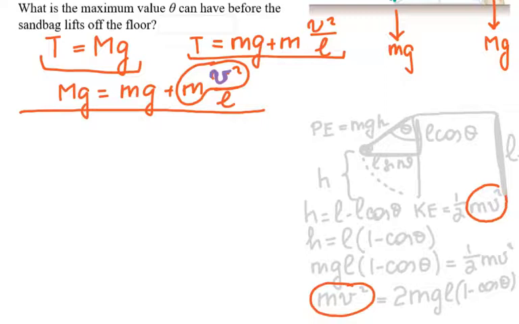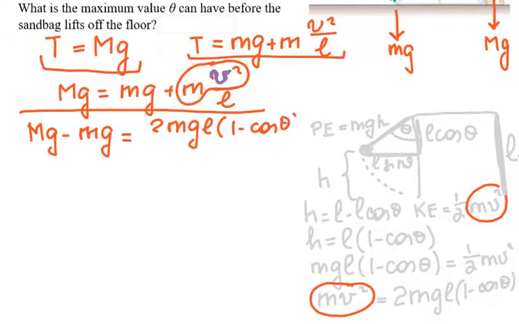I'm gonna go back to my problem, and I will say that Mg minus mg is equal to, instead of mv squared, 2 mgL times 1 minus cosine theta, divided by L. And L can be cancelled.